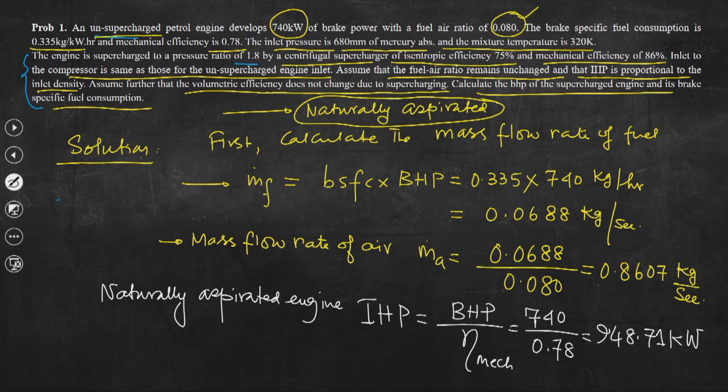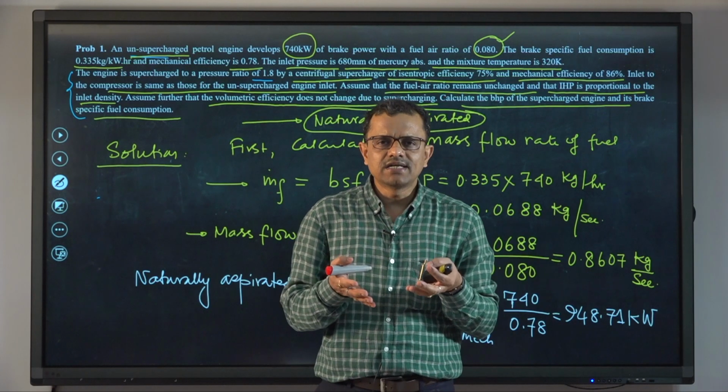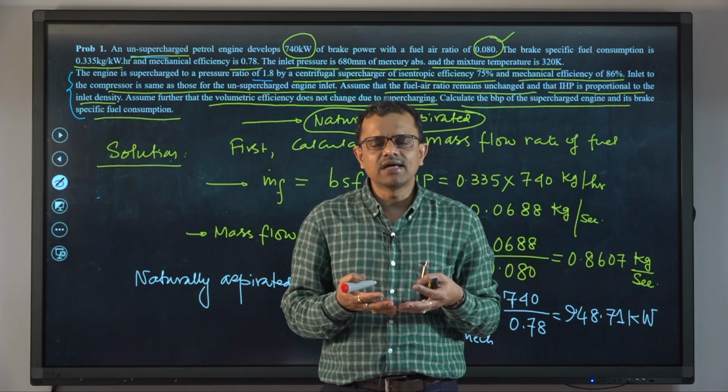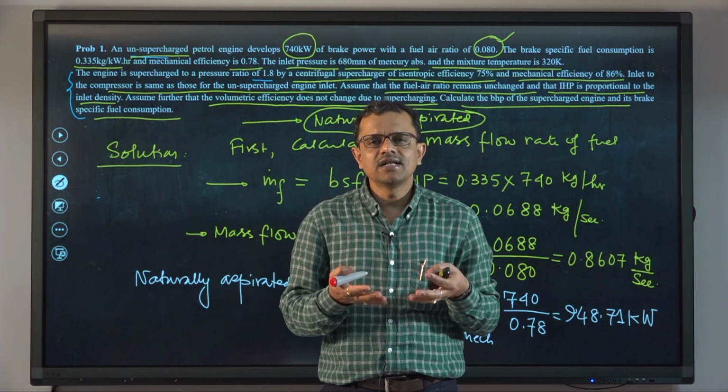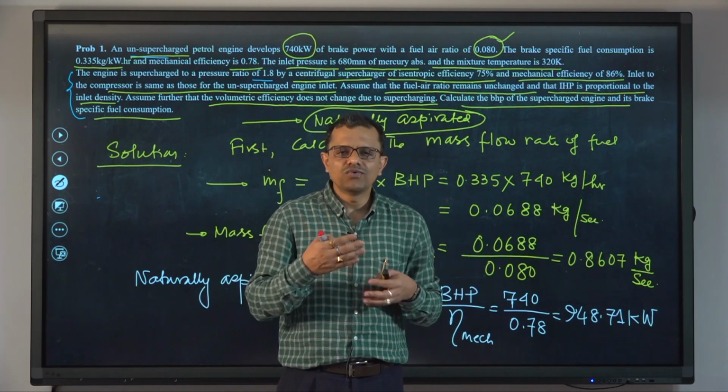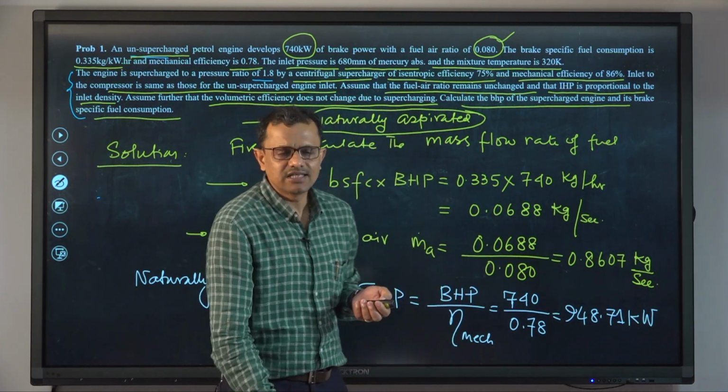So, having calculated IHP, and we know BHP, we can calculate frictional horsepower, because IHP is the power produced inside the cylinder and BHP is the power available at the shaft. A certain amount of developed power will be used to overcome the frictional losses, and that is FHP.